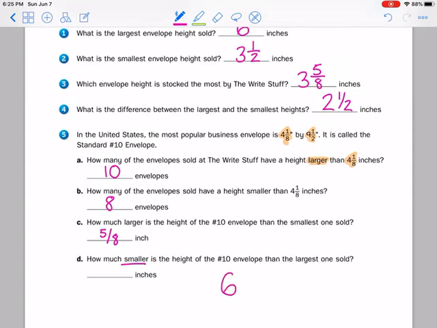So if the largest envelope sold was 6 minus the number 10, which has a height of 4 1/8, we're going to have to convert these all to fractions. So 6 just means 6 times 8/8.